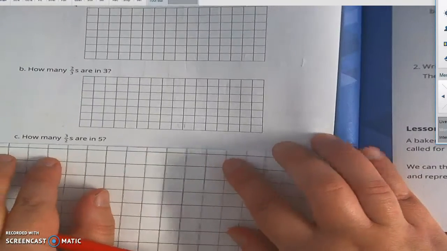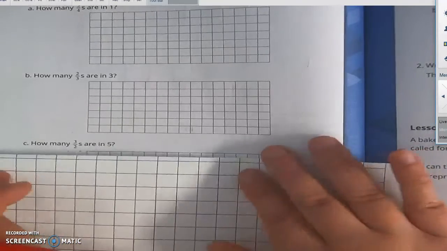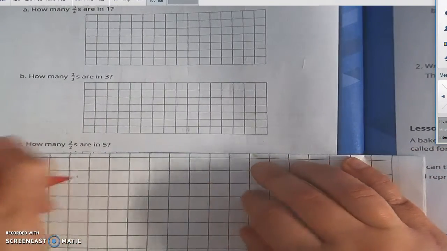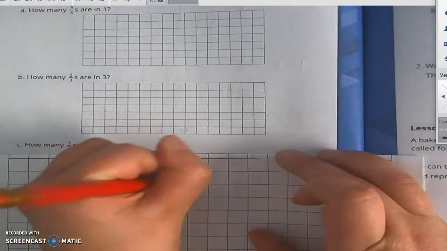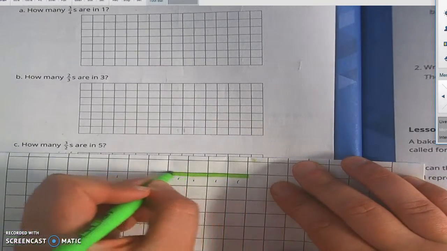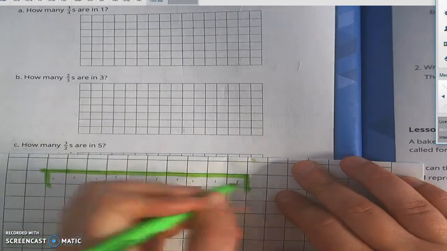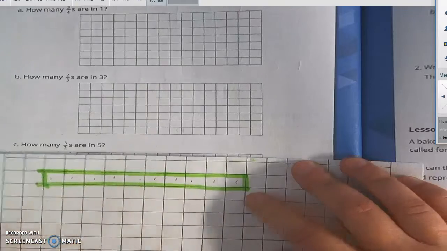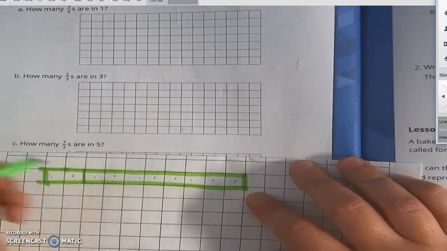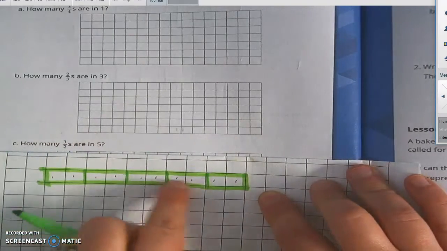Okay, so I want this split into groups of halves, and I want 5 total wholes, so I think I want 10 pieces. So here's 1 whole, 2 wholes, 3 wholes, 4, 5 wholes, okay?